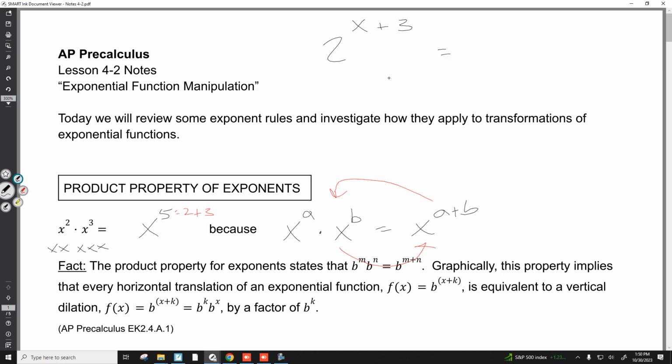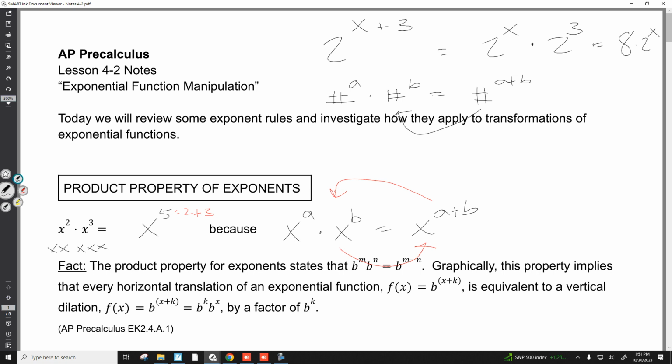So, a number to the a times a number to the b is equivalent to the number to the a plus b, which means the number to the a plus b, going in the other direction, would be equal to the number to the a times the number to the b. So 2 to the x times 2 cubed, which means 2 to the x plus 3 is actually equivalent to 8 times 2 to the x.